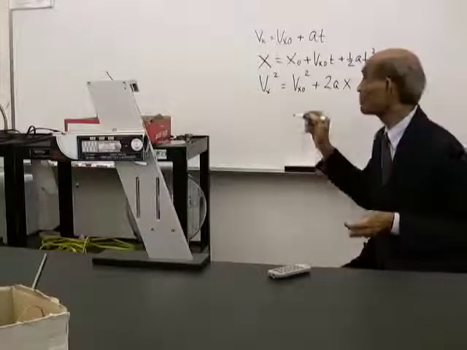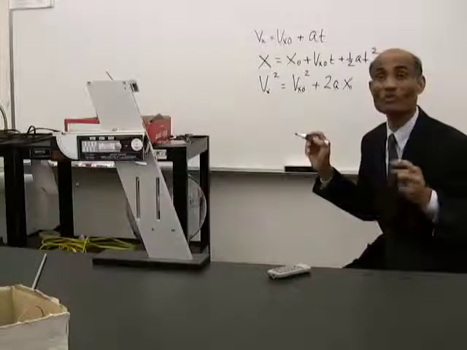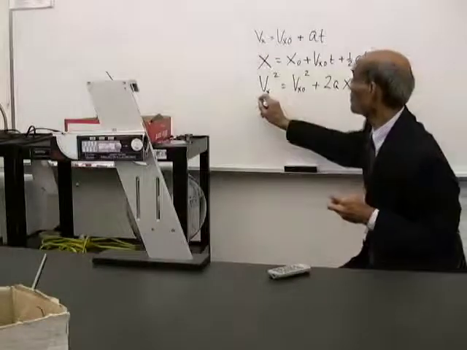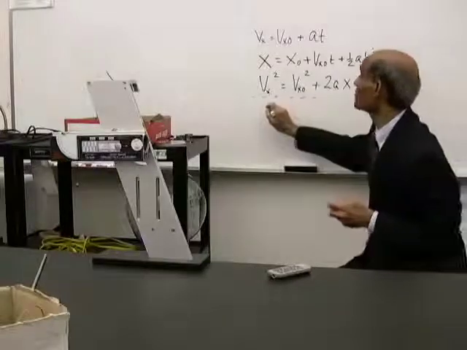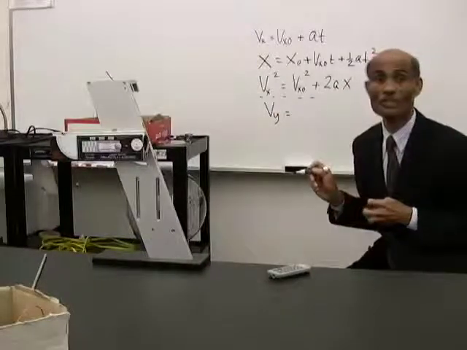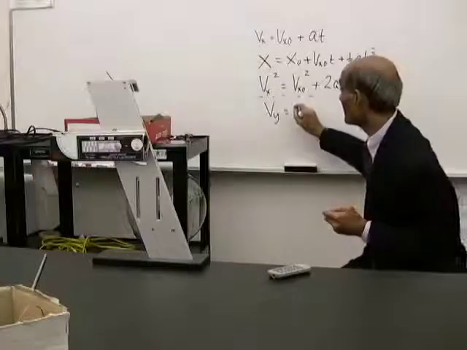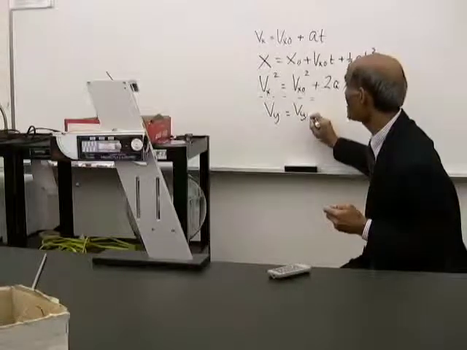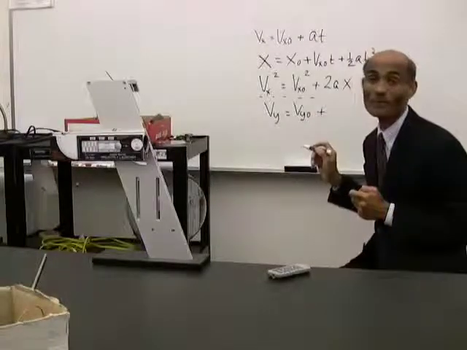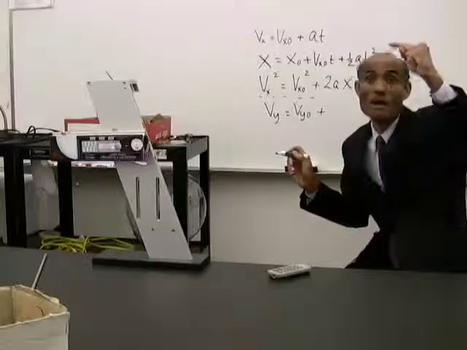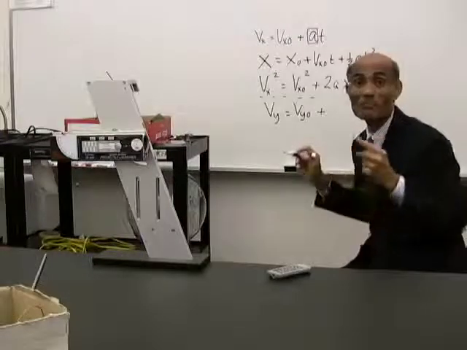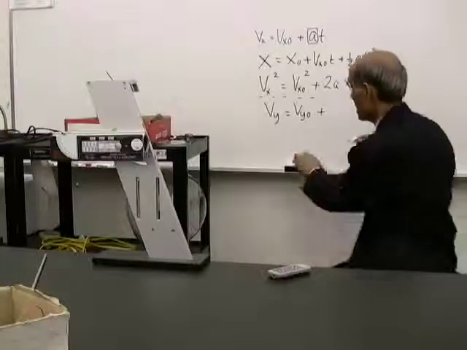Now, what will happen to these equations when you want to discuss y motion? Well, it will become Vy. The y velocity at any given time is Vy0 plus, well, you see, when you consider y motion, the acceleration a will become negative g.